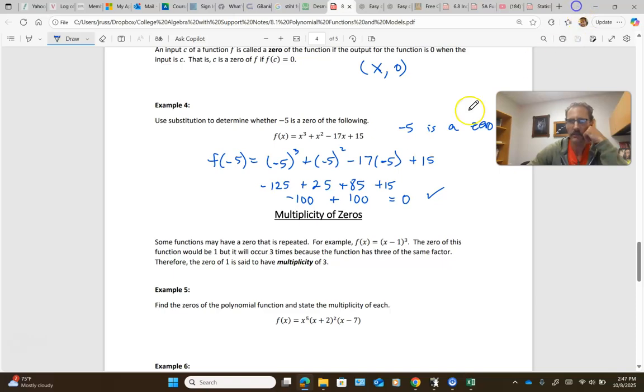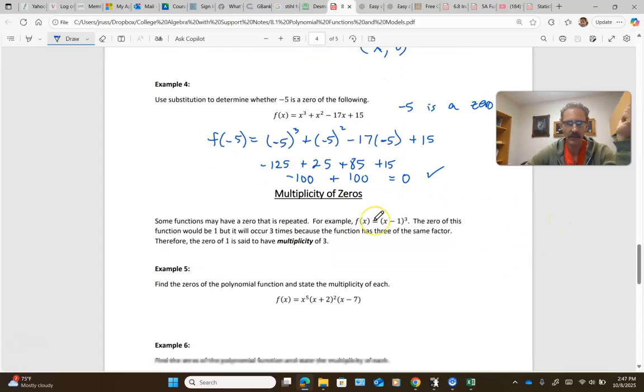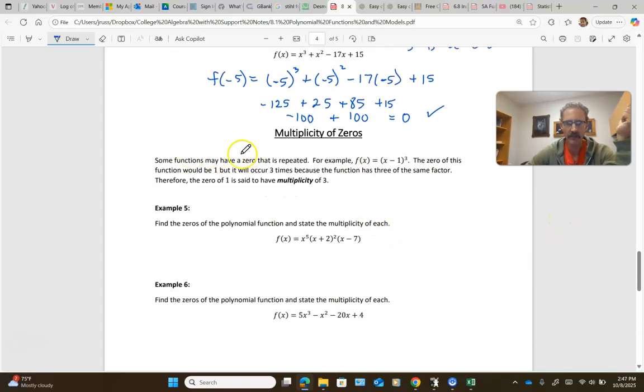Now the next thing that we're going to do is talk about something called the multiplicity of a 0. What this refers to is the fact that sometimes a 0 can occur more than once. So I'm going to give you an example right here. Some functions have zeros that are repeated. So for example, this function, x minus 1, and the whole thing is cubed.